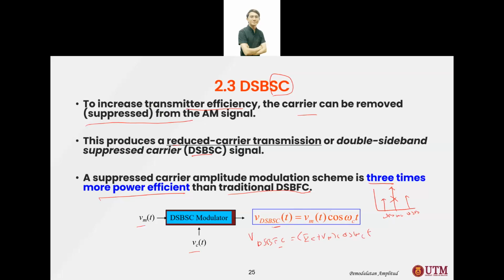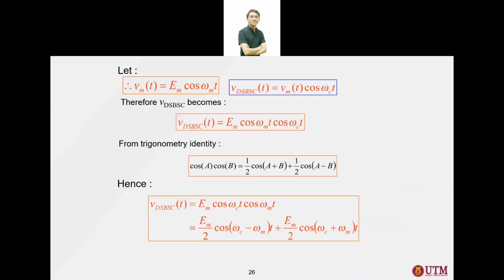Because in the double sideband suppressed carrier, EC is 0, meaning we suppress it. So you end up with VM cos omega CT, with VM actually being EM cos omega MT. So this is the long-term answer. This one will be V DSB-SC.